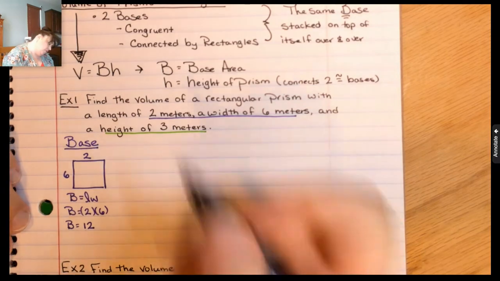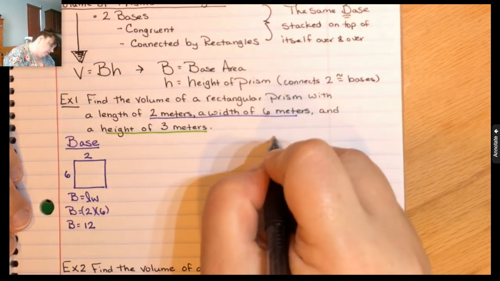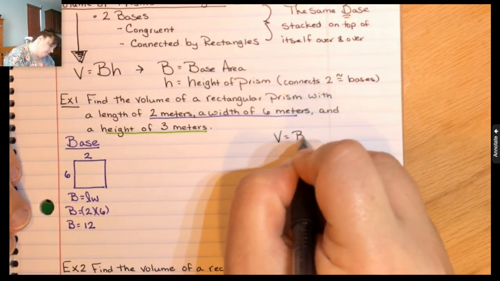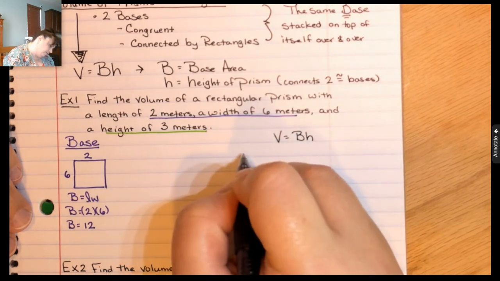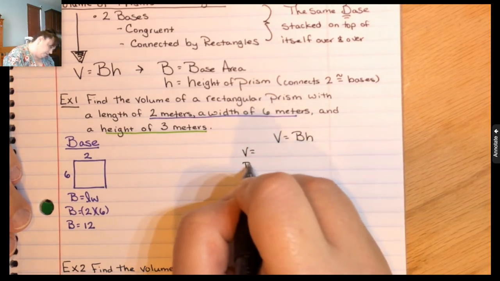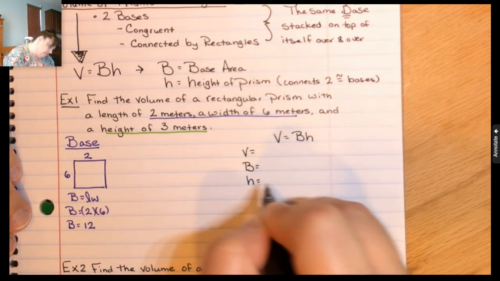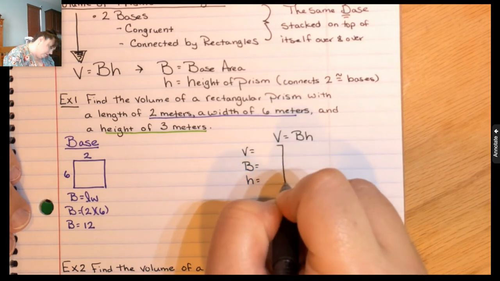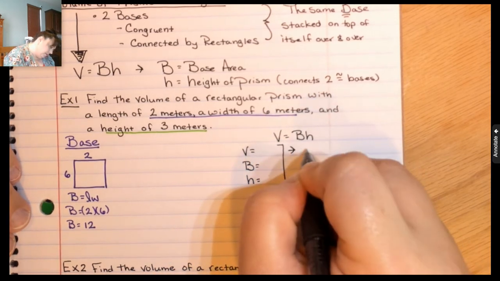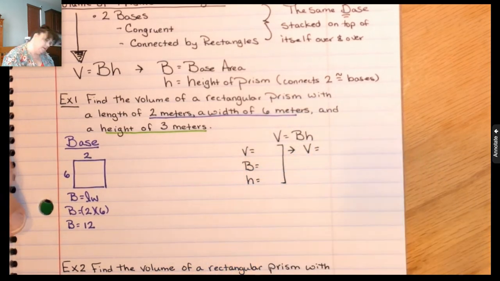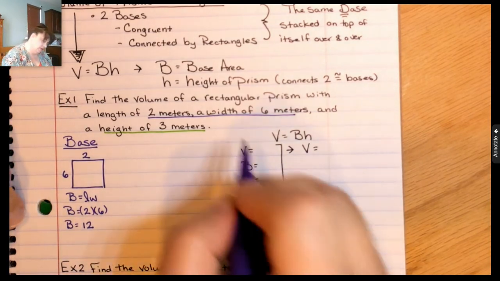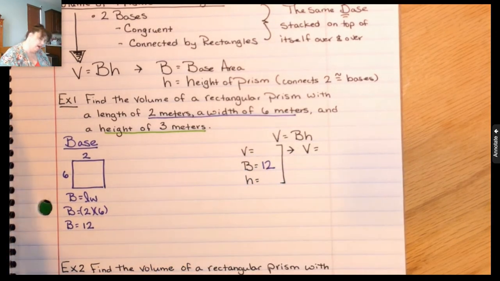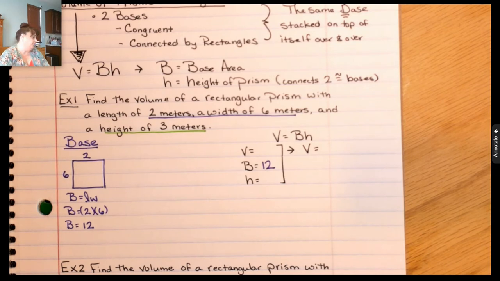The reason that's important for us is, hopefully you've already written this down, base area times height. So B is 12. Just come back and fill that in because we know it.